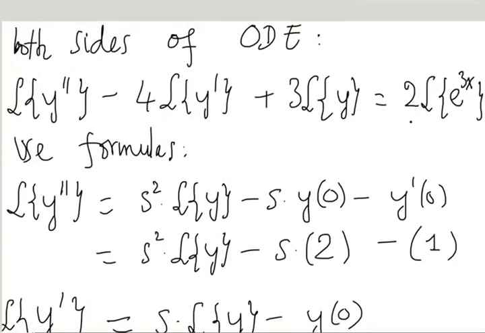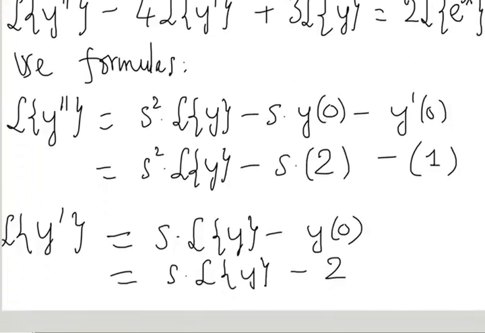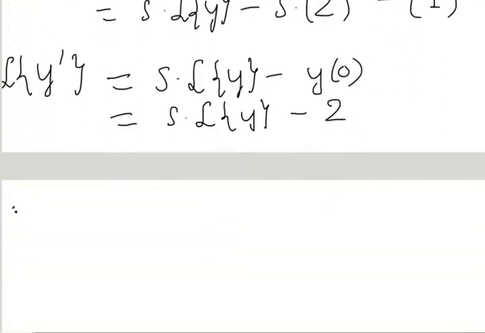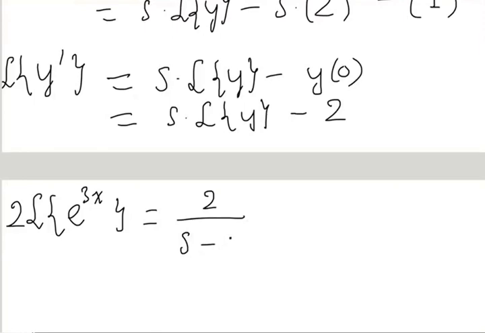Also, on the right hand side, we have 2 times the Laplace transform of e to 3x. We know what it is. We have 2 times 1 over s minus 3, or the same as 2 over s minus 3.